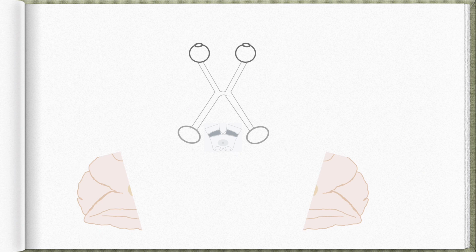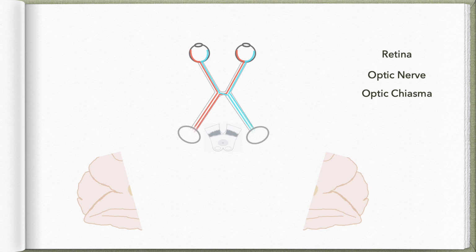Now coming to the various components of visual pathway, it begins from the retina in the eye, which is a photosensitive layer. From here, the light impulse is converted into electrical impulse, and that impulse is carried through various components of the visual pathway. Those components include optic nerve, optic chiasma, optic tract.